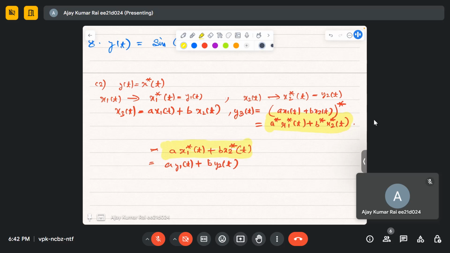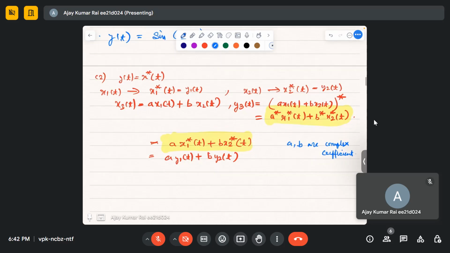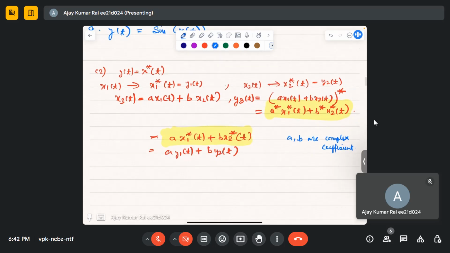Let's add this condition: a and b are complex coefficients. If these are real, then a star means the same. So these are not equal, right? So this system is also a non-linear system, given the condition that a and b are complex coefficients.